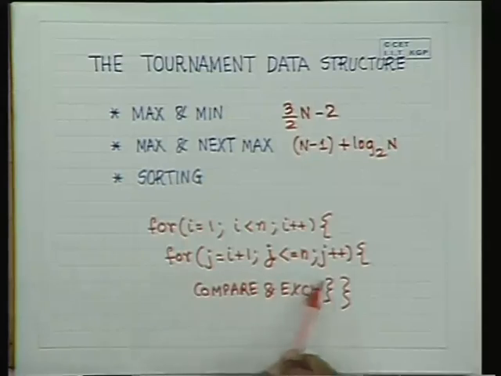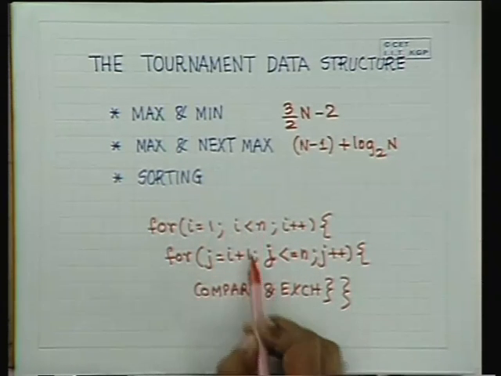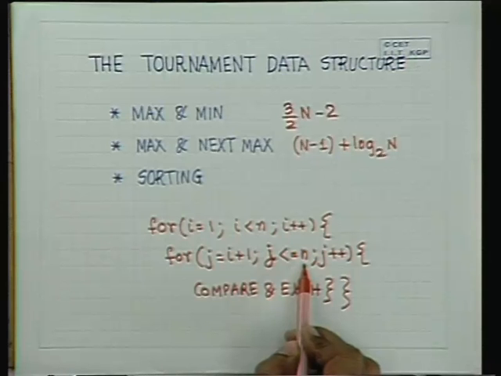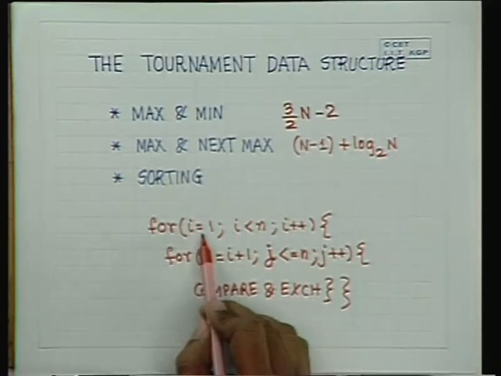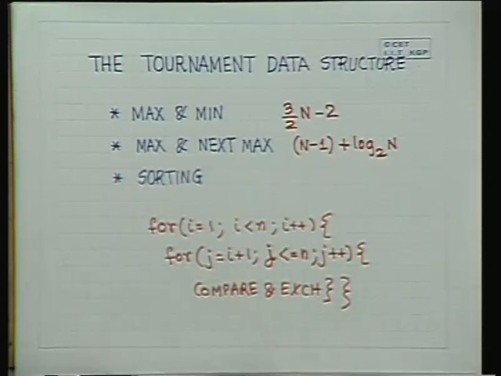And how many comparisons and exchanges do you do in this sorting routine? This loop goes from 1 to n minus 1 and this i plus 1 to n. So when this is 1, this does n minus 1. When this is 2, it does n minus 2.